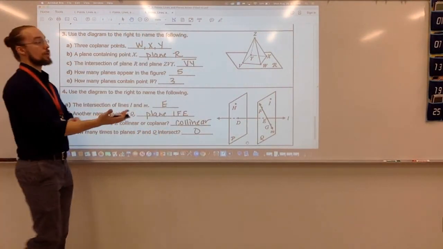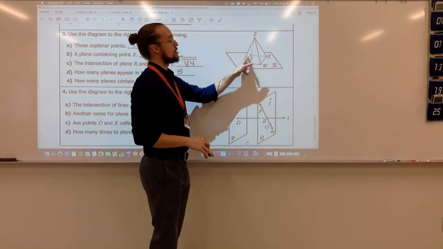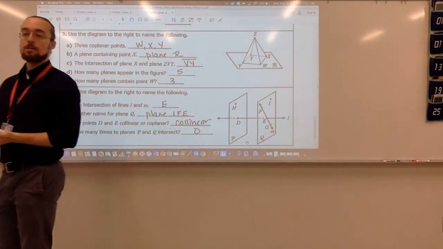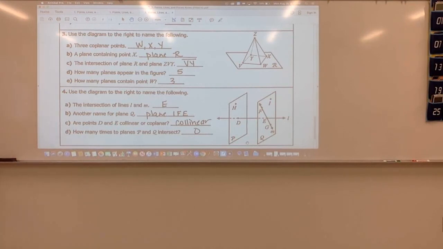So yes, X, Y, and W would all be on this same plane. They wouldn't be on the same line. They wouldn't be collinear. I just looked at 3 coplanars, how do you say that? And the definition on the front was like on the same line. No, points that lie on the same plane. Oh, points that lie on the same plane. There is a typo. I should say points that lie on the same plane.